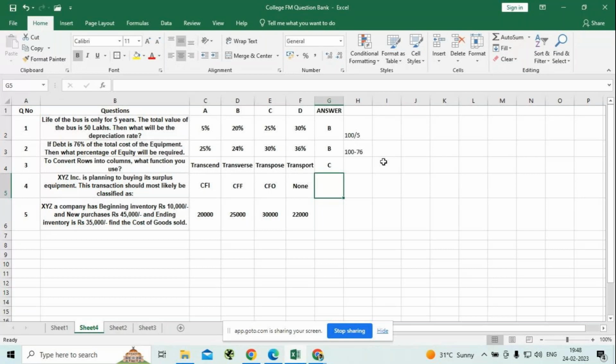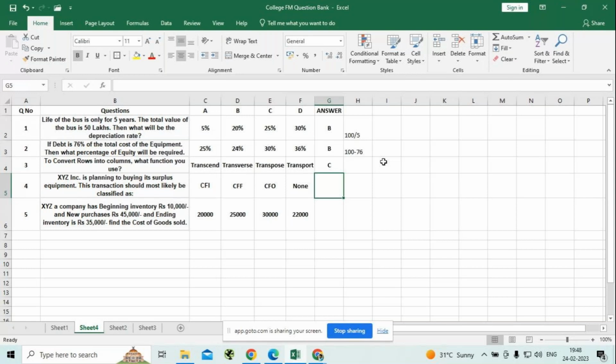Cash flow from investing shows changes related to assets. CFF shows from where you bring the money, in what forms: we can bring money in the form of capital or debt, and we clear the debts or loans. We can withdraw money from the capital, that is the drawings. All that information is shown in CFF.